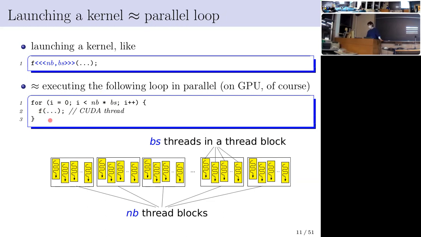So you execute f this number of times, but all concurrently using so many CUDA threads. Semantically, yes, it is like a parallel for loop, except for this awkward kernel launching syntax.